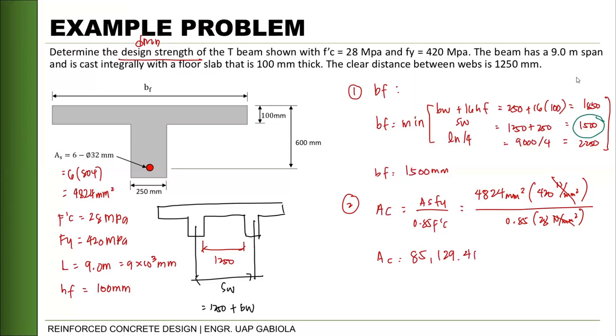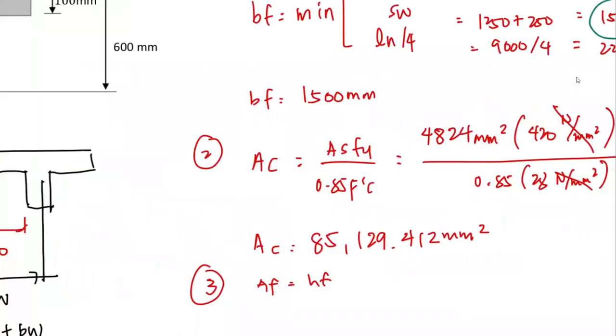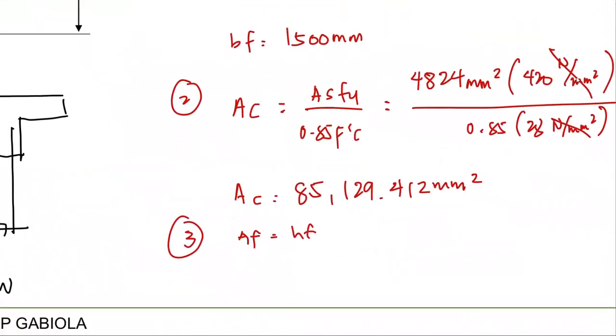85,129.41412 mm squared. Okay? Then we need to compare that with area ng flange. Okay? So area ng flange is just height ng flange times our base ng flange. So this is 100 mm times 1,500 mm. So we have 150,000 mm squared.